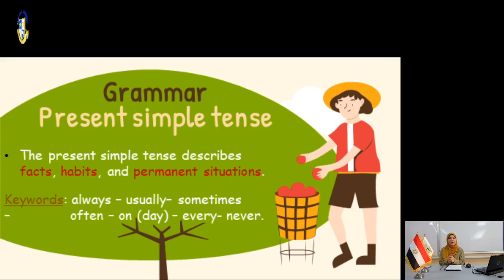What is the meaning of a fact? The fact is something that we can never control or change in our life. For example, the sun rises every morning. Can we make the sun rise in the evening? No, of course. We cannot control that or change it. So, it's a fact.